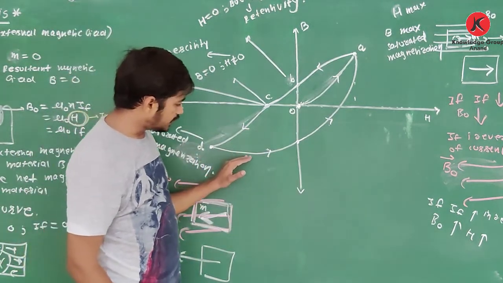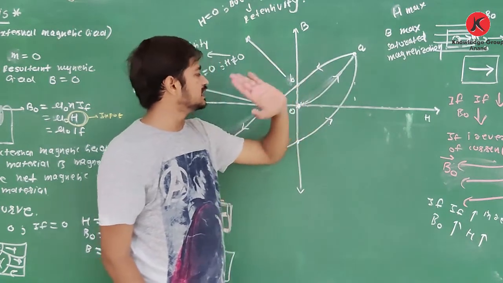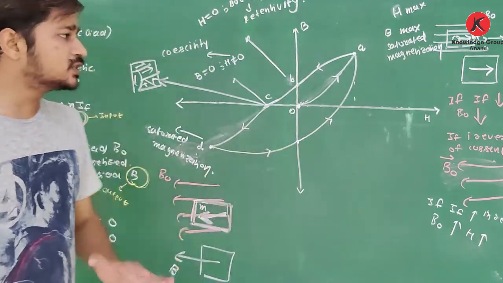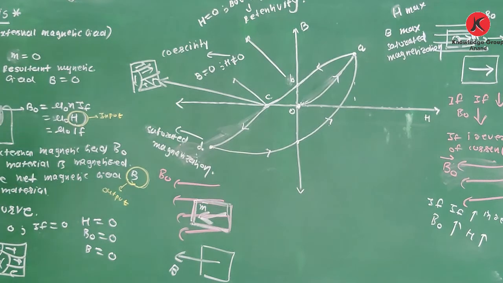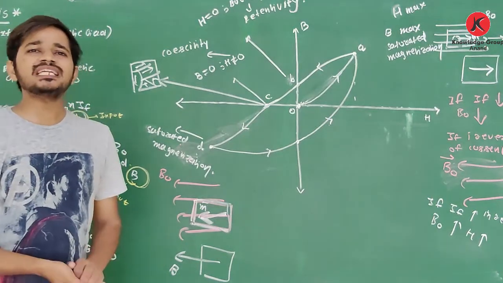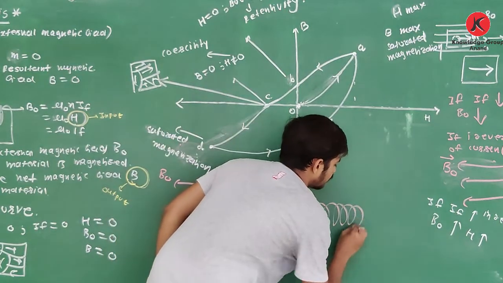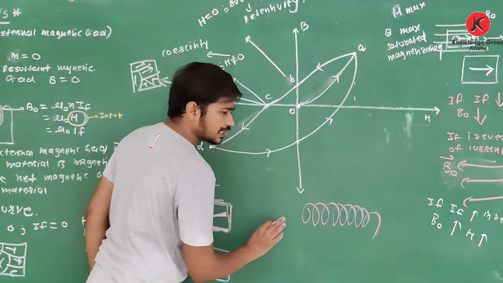We have to increase the current, then change the direction of the current, and the current increases. So it is one complete BH curve for a ferromagnetic material, for one complete cycle. What is the meaning of a complete cycle? We have one solenoid. In the solenoid, initially the current is zero.